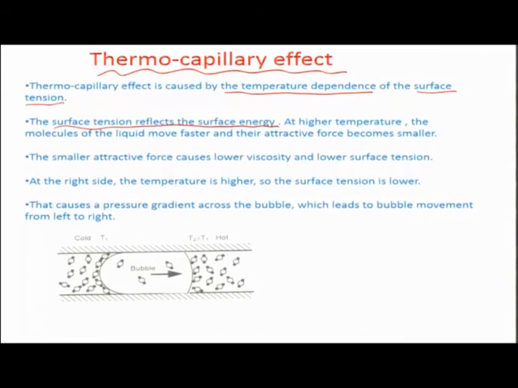At higher temperatures the molecules of the liquid move faster, their attractive force becomes smaller and vice versa, and because of such a difference in surface tension, there would be movement from the cold zone to the hot zone, and generally the bubble would try to move towards the hot zone because the surface tension is lower. This pressure gradient would be good for actuating a bubble in place, so that there can be obstruction of flow in a suitably designed actuator.